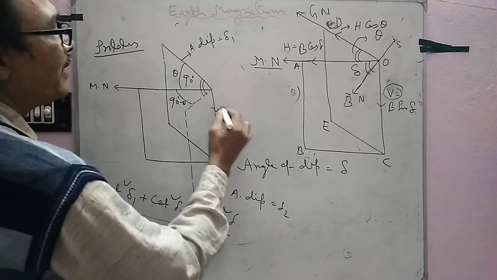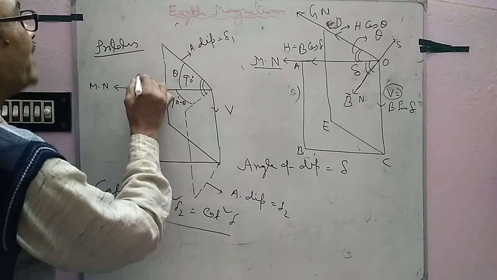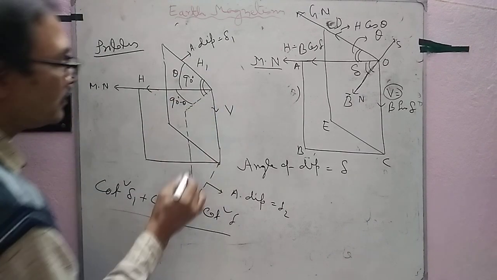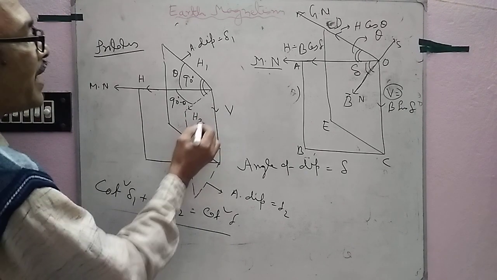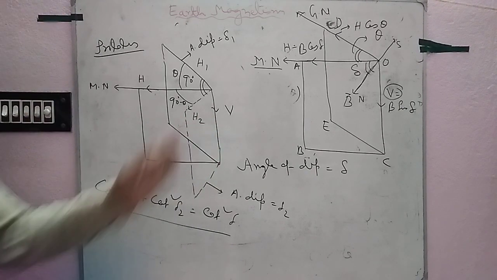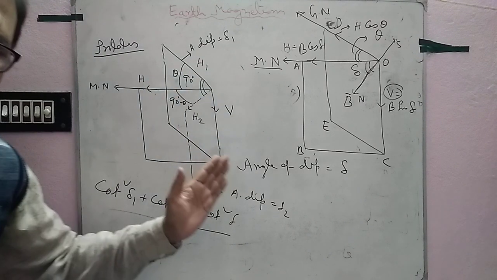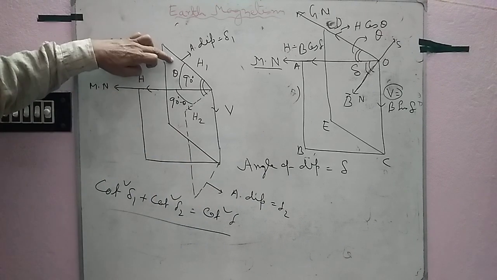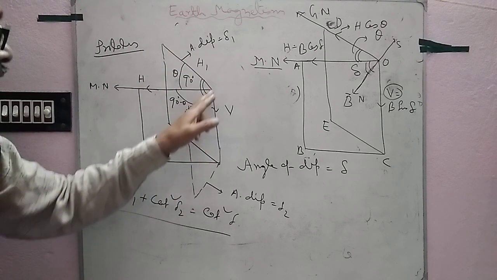In the three planes, the vertical component is the same. Suppose in the magnetic meridian the horizontal component is H, in the first plane the horizontal component is H1, and in the second plane, all are apparent of course, H2.